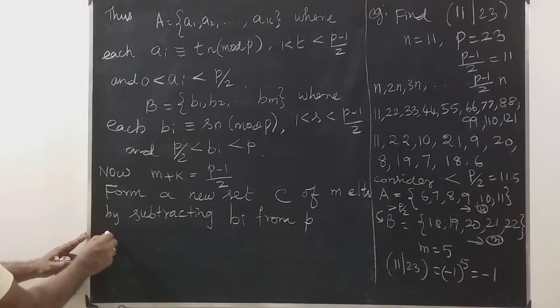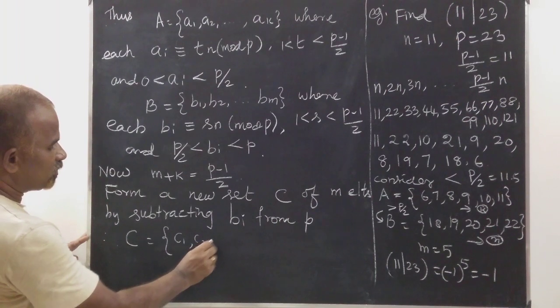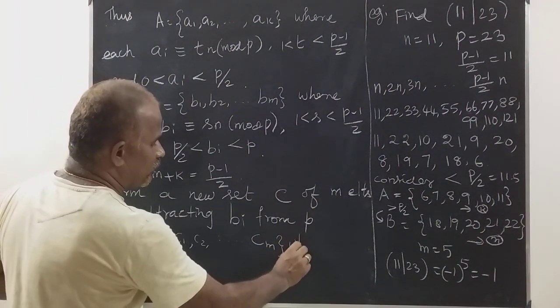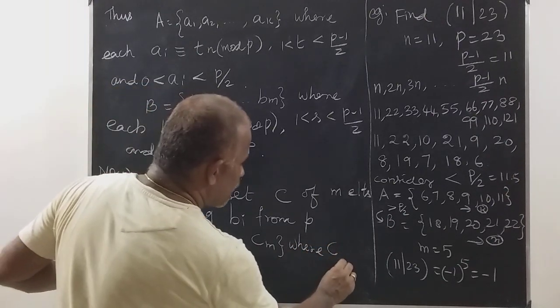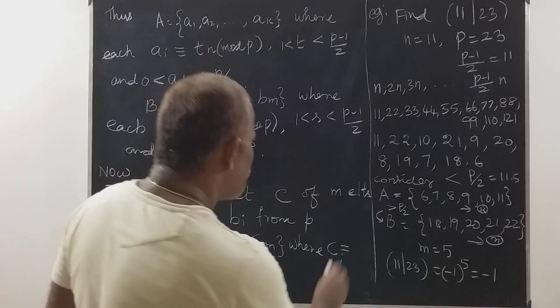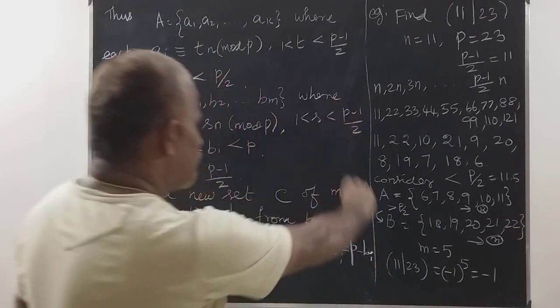So C is a new set, C1, C2, up to Cm, where Ci is equal to p minus Bi.